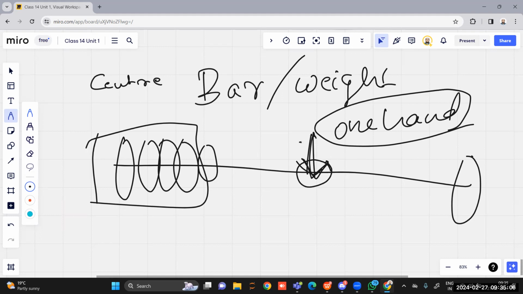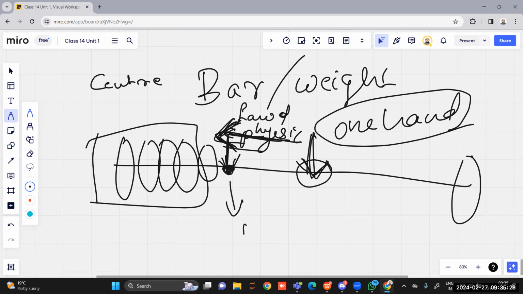It won't be possible. We have to use the law of physics and shift our hand toward the left, where more weight is concentrated. This is the center of mass, where the mass of the body is concentrated. And where exactly the mass is concentrated, that's called the mean.